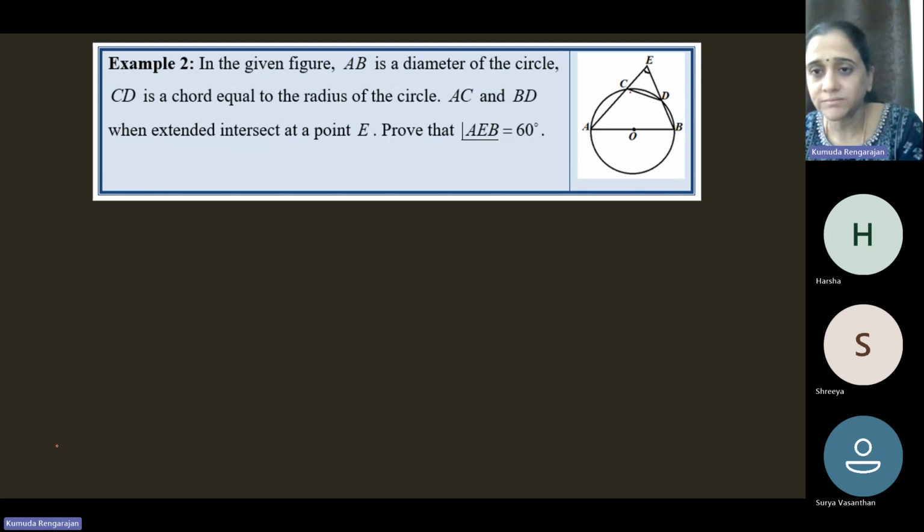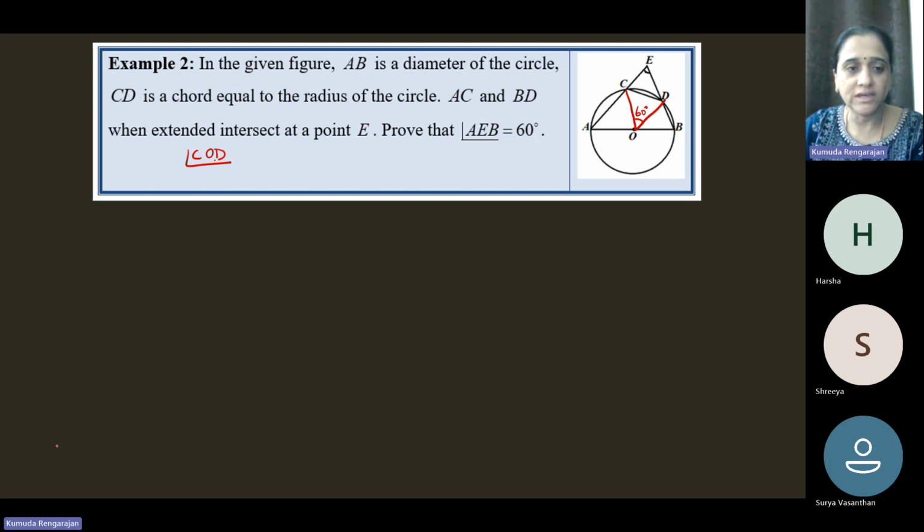Now see here. Angle COD is equal to 60 degrees. The same arc CD makes an angle, so join this.